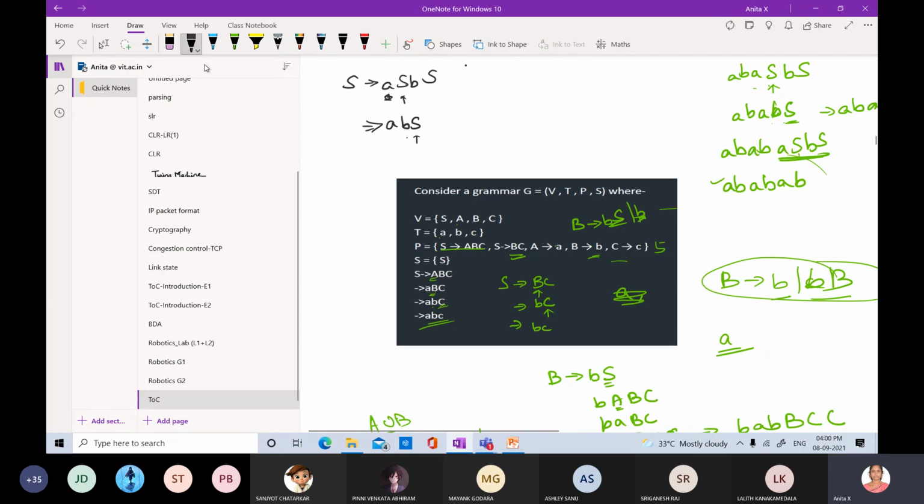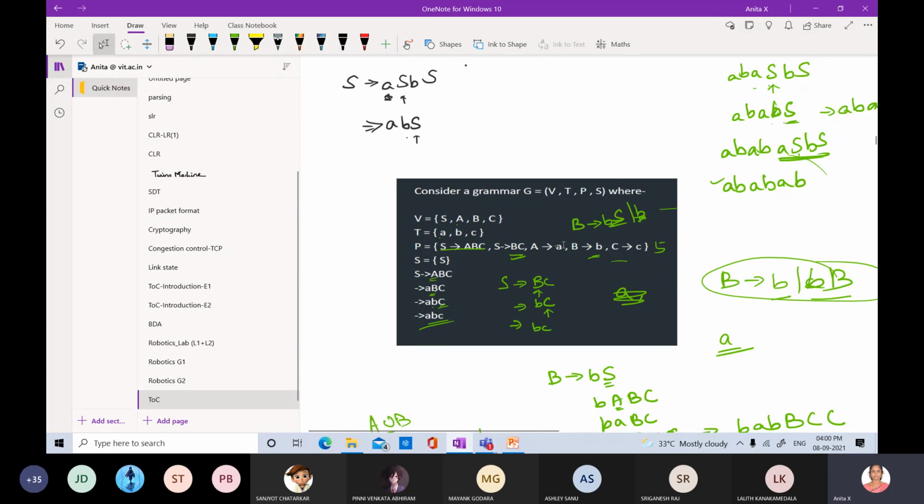Here you can see, S is the start symbol. S is the start symbol in the sense I can derive the strings only by using the start production. Either it can be S derives ABC or S derives BC.